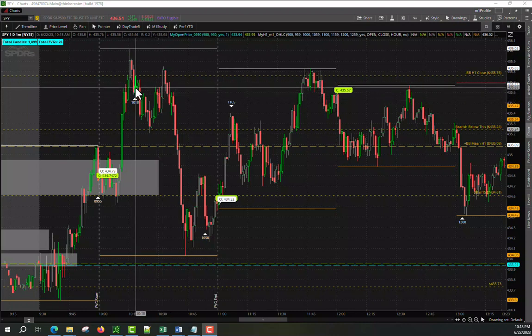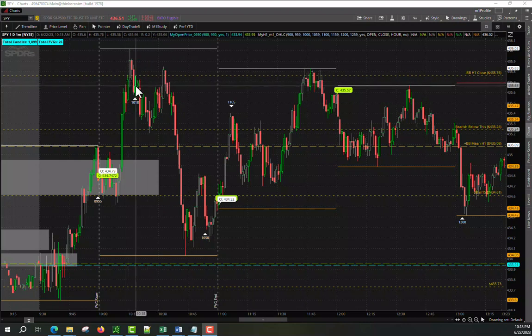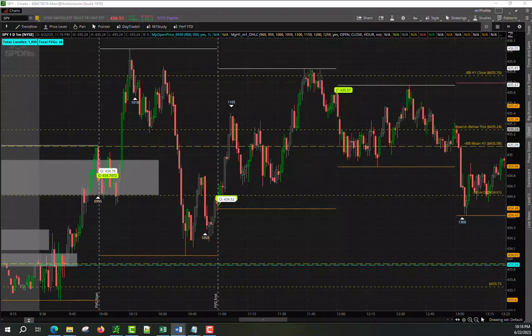And our entry right here at 10:18. The idea is that it will be the order block, fair value gap retest. Hold on, I don't see the fair value gap retest. Let's check the screenshot again.